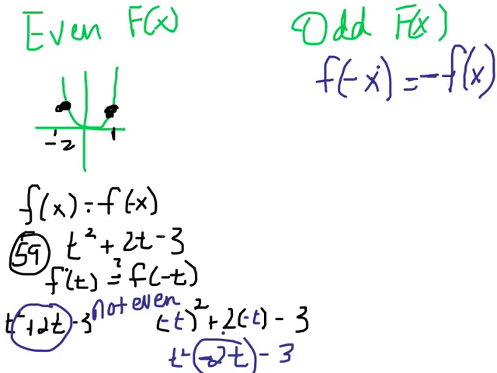So if I'm plugging in negative x, I'll do it with x's here. Here's my function, t squared plus 2t minus 3. Even though they wrote it with t's, I can plug x's into it. Let me plug a negative x into it.